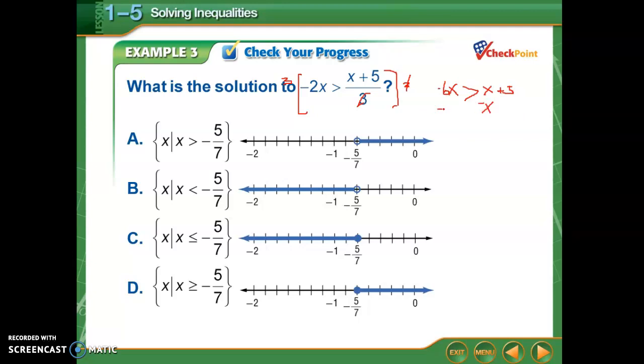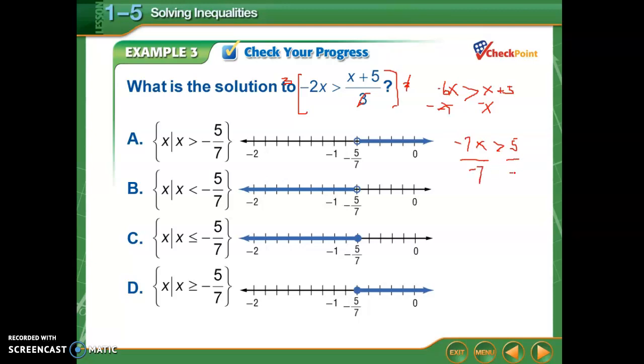Minus x, common sign, bring that down, add your numbers together, bring down the variable, and then greater than 5. And then divide both sides by negative 7.